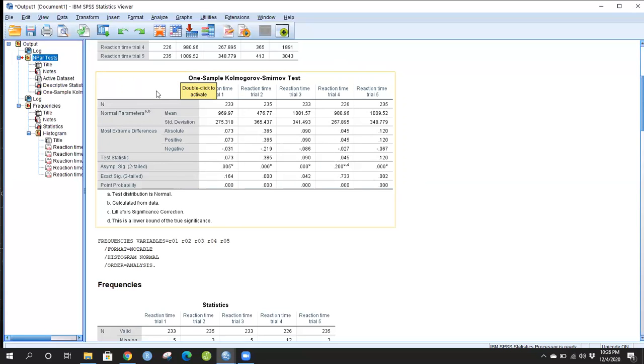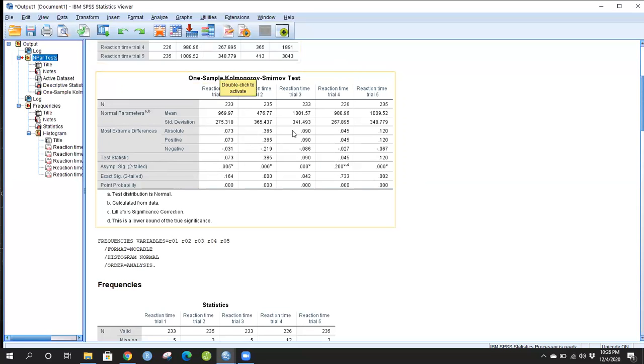If the difference between these two curves is large, that distance being the most extreme differences, that indicates that the data is far from normal. So when you look at the absolute difference figures, wherever you see a large number, that particular variable is likely to be not normal.